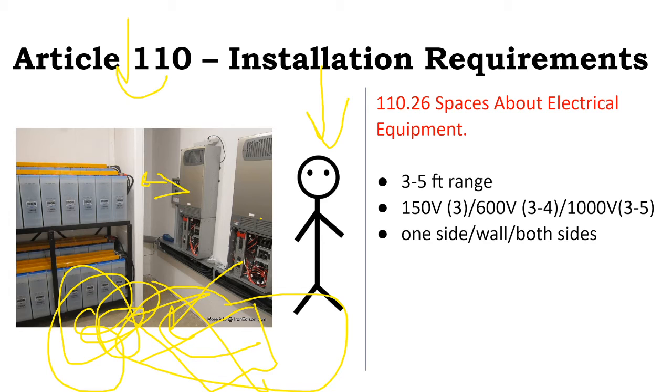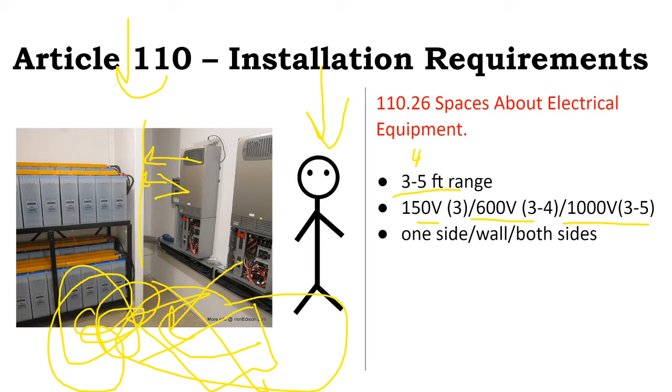If you have a wall behind you, it needs to be 4 feet. Oh, sorry, it ranges between 3 to 5 feet, and it ranges between voltages as well.